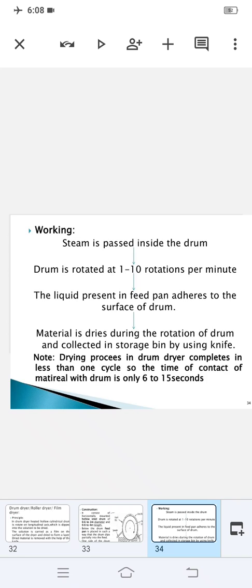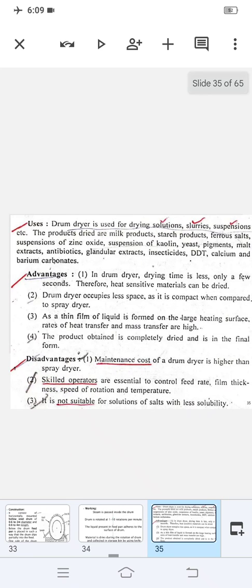As the material dries during the rotation of the drum, it is collected in the storage bin by using a knife. The process of drying in this drum dryer completes in less than one cycle, so the time of contact of the material with the drum is only 6 to 15 seconds. So this was the working of the drum dryer.